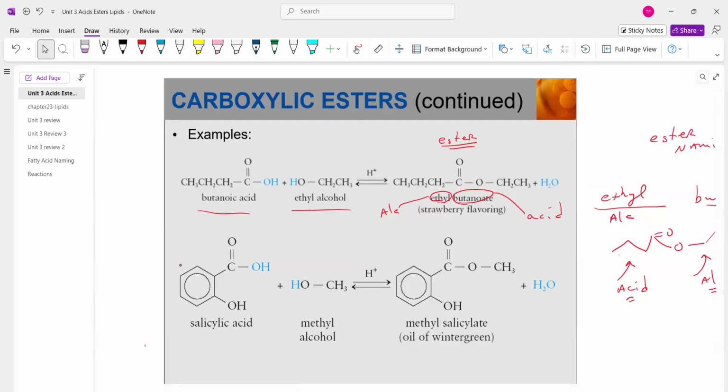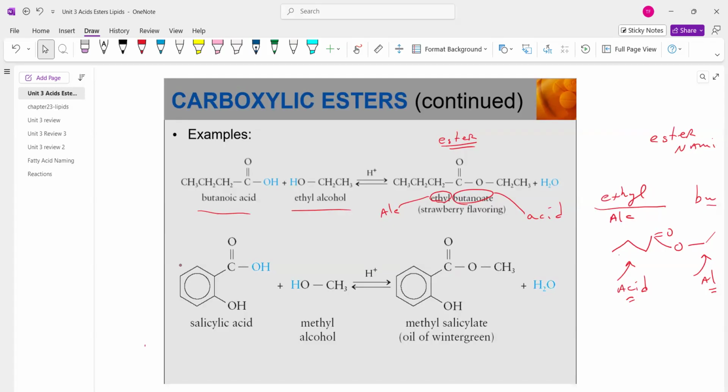Now, in my other school, we had an ester lab, which was really fun. Students loved it. We took butyric acid, which is very smelly. Butyric acid is what gives cow dung its smell. Very awful. And we throw in some ethanol, and what happens is we get this strawberry flavoring and strawberry fragrance.